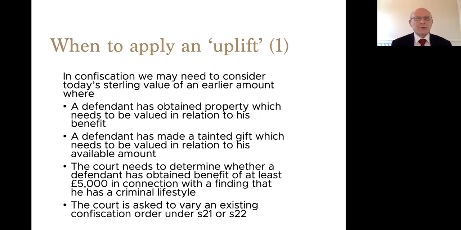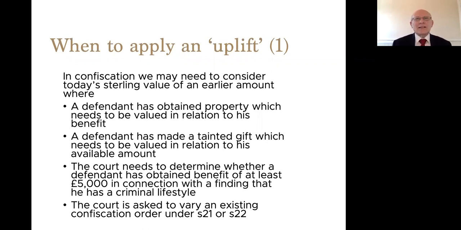Section 22 is where the court is looking again at the defendant's available amount. And here, what the court is doing is looking at the defendant's available amount today and comparing that with the available amount that it found when it made the confiscation order, and seeing if there has been an increase in the defendant's available amount.